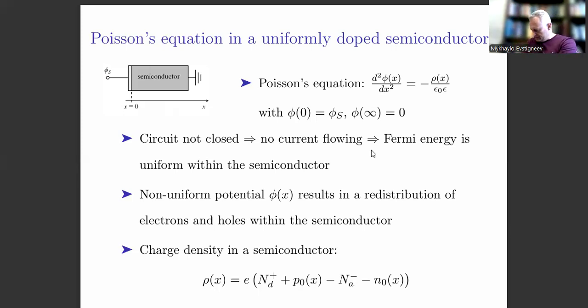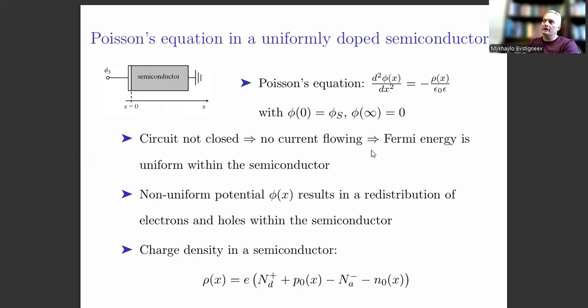All right, so now let us write down the expression for the charge density in our semiconductor, rho of x. The charge density is due to 4 types of charges. We have 2 types of mobile charges that are free to move in the semiconductor. These are electrons and holes. And we have 2 types of stationary charges, which are ionized donors and ionized acceptors.